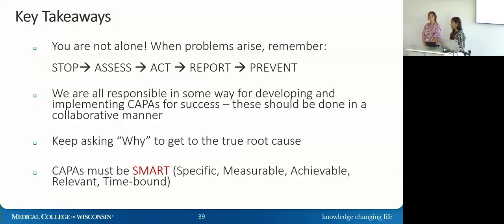Who all needs to be educated or be a part of that process? You have ancillary groups you're working with. So you're not alone. And then keep asking the why, that 5 whys, really get to that root cause so that you can be more successful in preventing this issue from happening in the future. So 5 whys, and remember to write SMART CAPAs: specific, measurable, achievable, relevant, and time-bound.